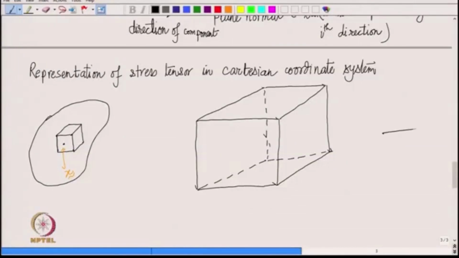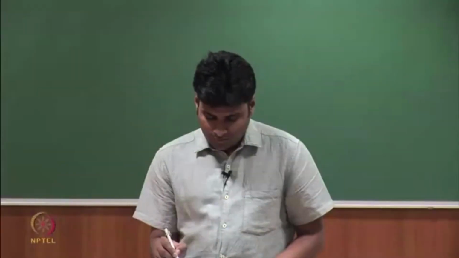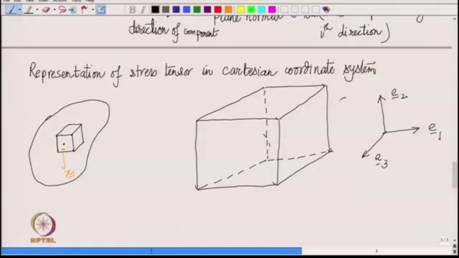So, here is the coordinate system E1, E2 and E3. So, on E1 plane you see this is the E1 plane, that is the E1 plane.